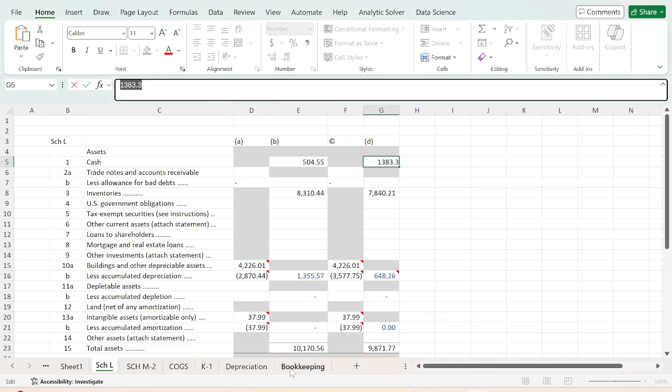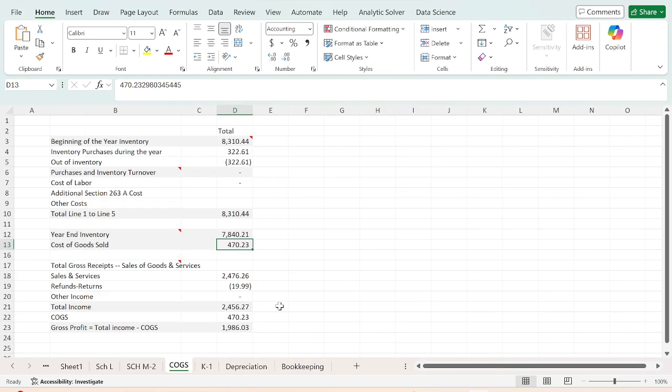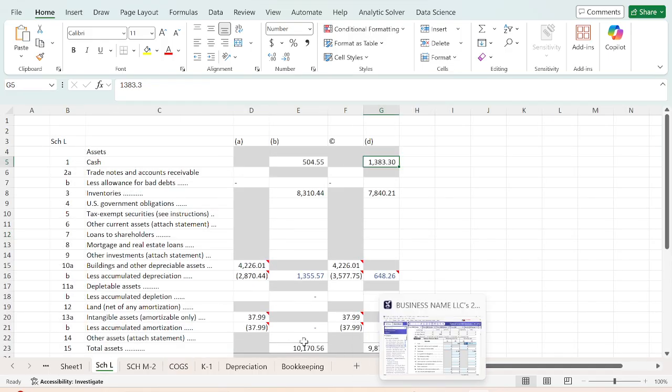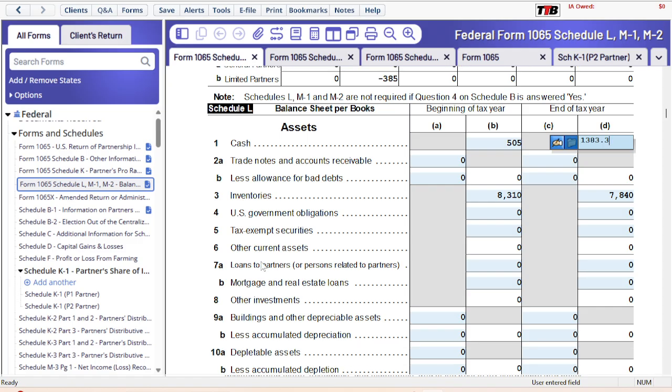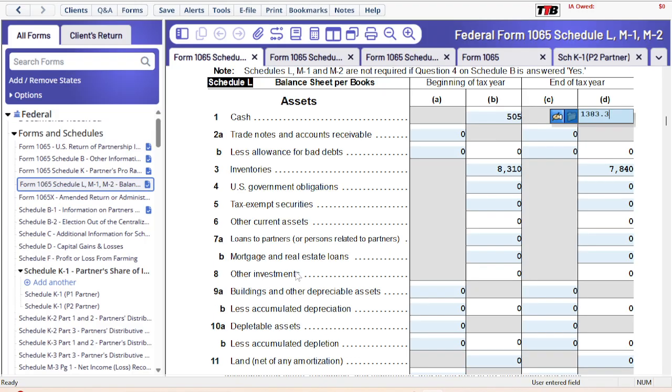So we come back here, our balance sheet, you can see is cost of goods sold, beginning of the year and end of the year 2025, which will become the beginning of the year 2026 starting inventory. So let's go back here, and line 3, line 4, we are going to leave it. Line 6, other current assets, we are going to leave those.